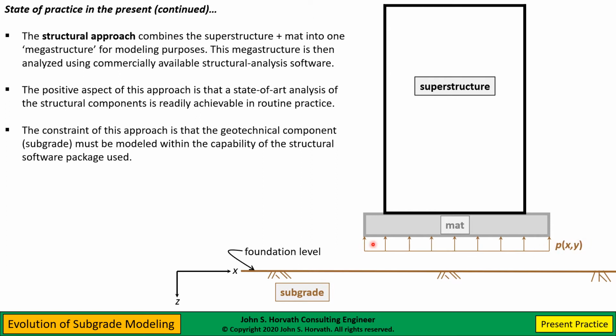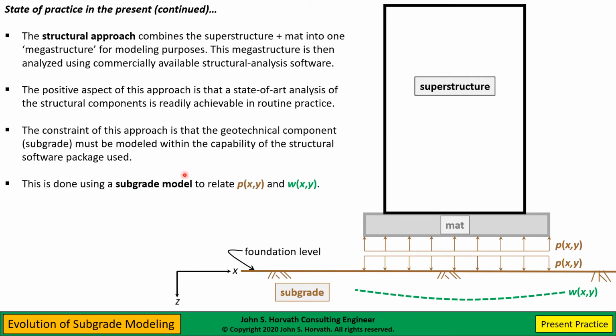And again, I'm not implying it has to be a uniform applied stress here. This is just a cartoon for some subgrade reaction that could vary as a function of X and Y beneath the mat. Most importantly, you have to be able to model this subgrade reaction within the capability of structural analysis software. And again, this is structural engineering governing the problem, as I said earlier in this presentation.